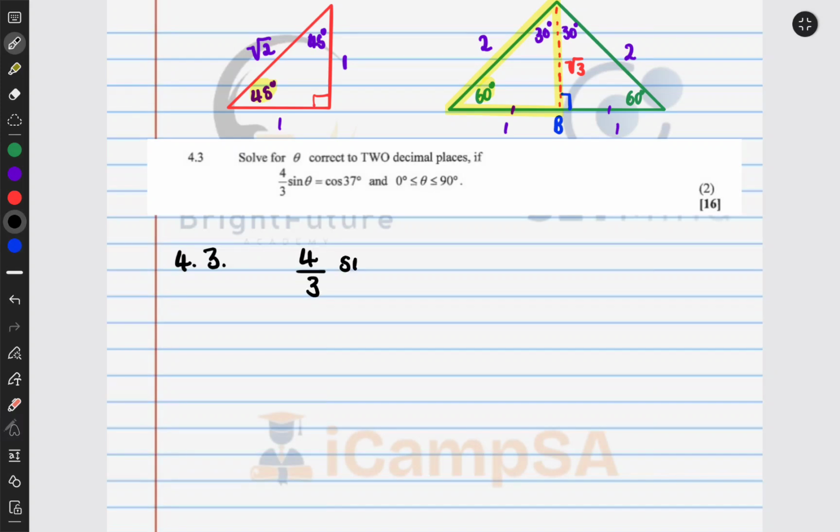Theta is found between 0 and 90 degrees, so theta is an acute angle and we expect theta to be positive, because all the trigonometric ratios are positive in the first quadrant.